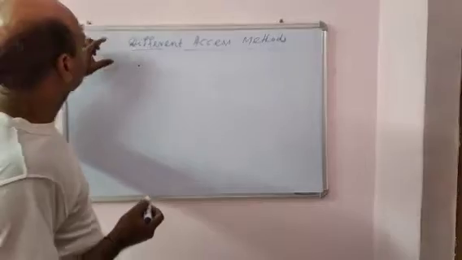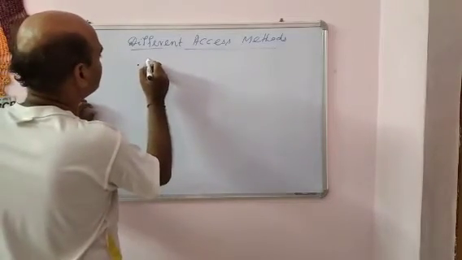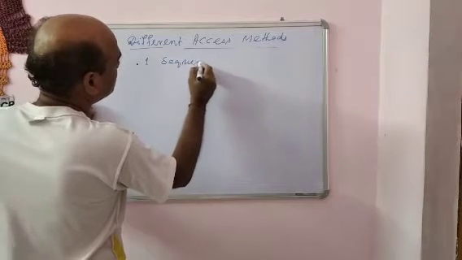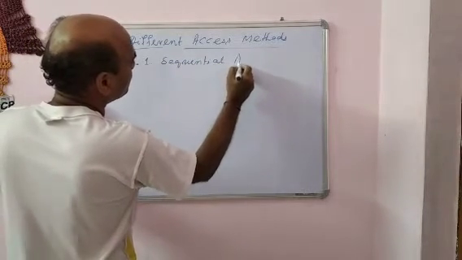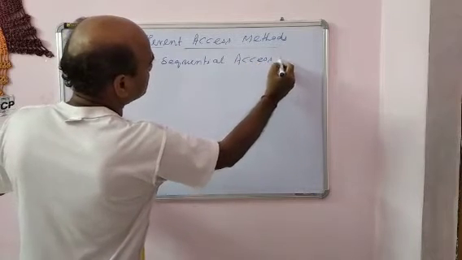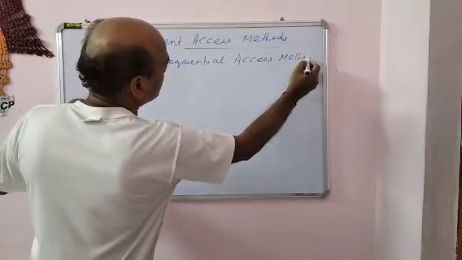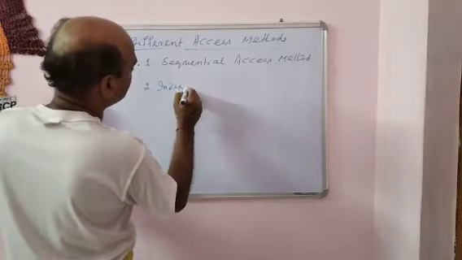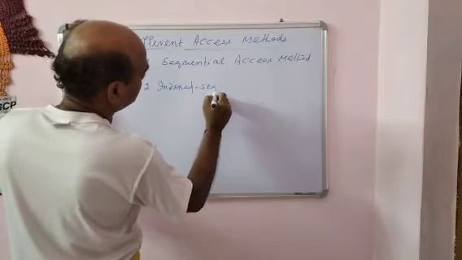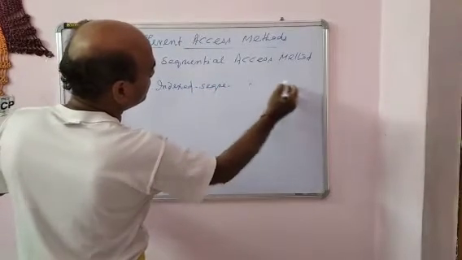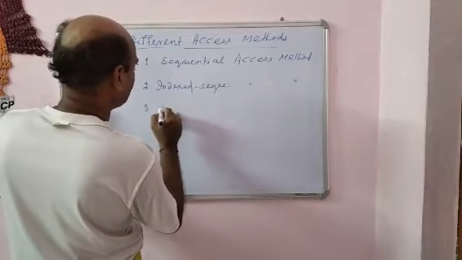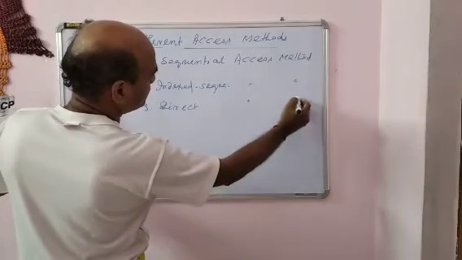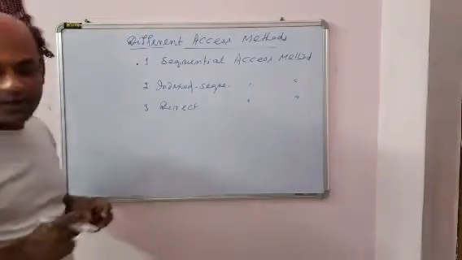Normally there are different types of access methods: the sequential access method, the index sequential access method, and the direct access method.